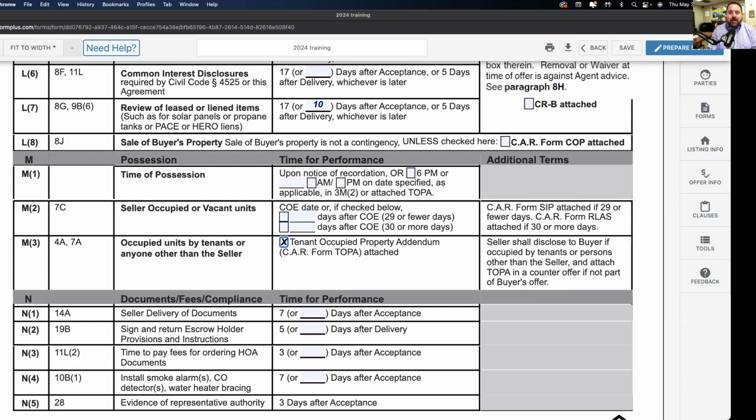There is no mechanism in place legally, as far as the state goes with tenants' rights, where I can evict a tenant prior to close of escrow. Period. End of story. Unless that tenant is violating their rental agreement, unless that tenant hasn't paid, there is no way for me to evict them.